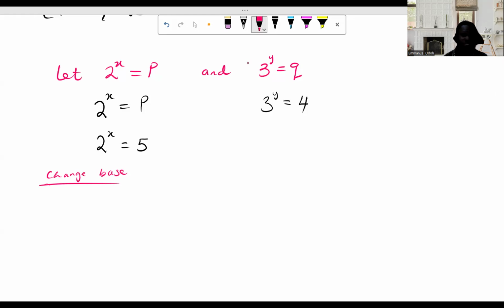That is what we can apply here to be able to solve that equation. I'm trying to think of the easiest way everybody will be able to understand.